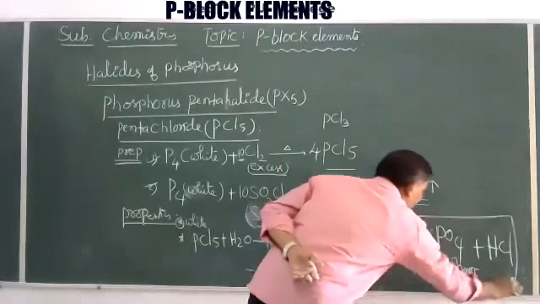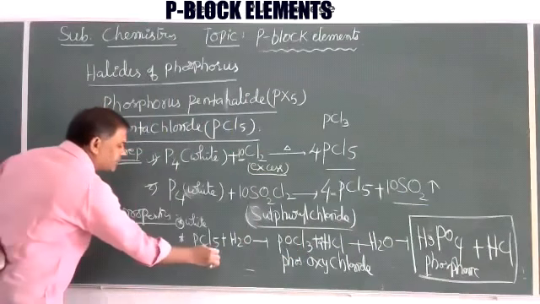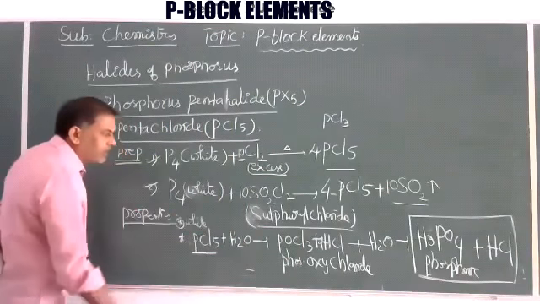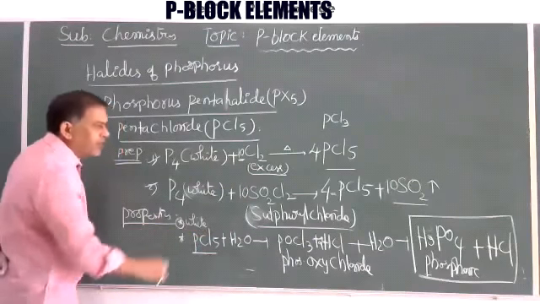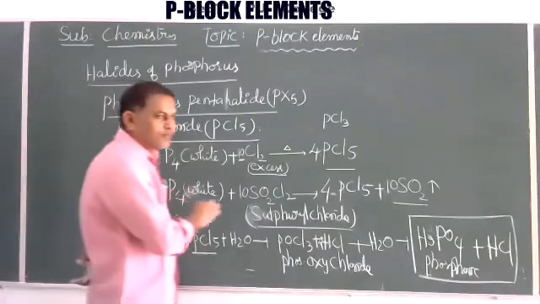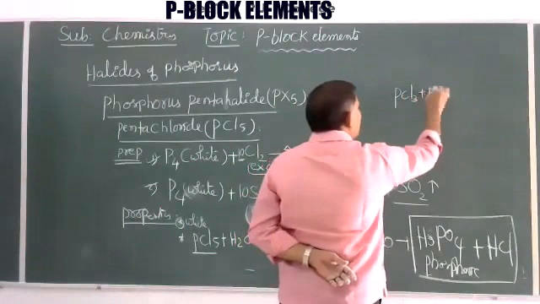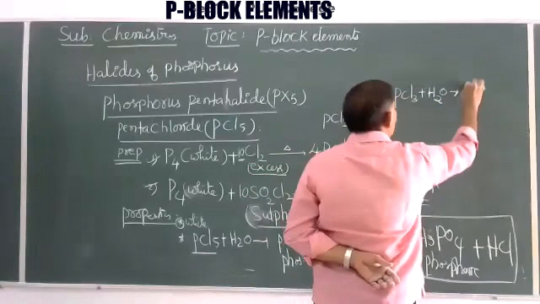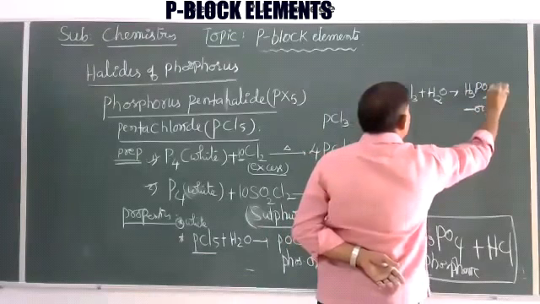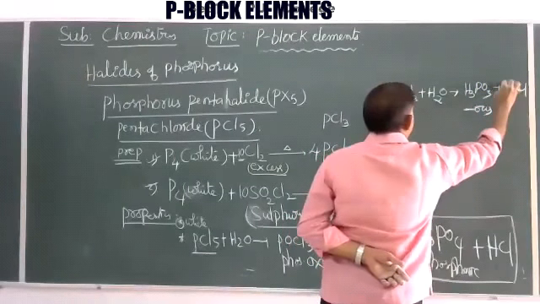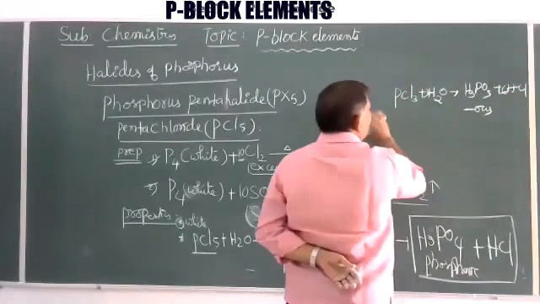This is very, very important. On hydrolysis of phosphorus pentachloride, we will get phosphoric acid, whereas PCl3 on hydrolysis gives the corresponding phosphorus acid. This is the difference. Here PCl3 reacted with H2O gives the corresponding H3PO3, phosphorous acid, plus HCl is formed.